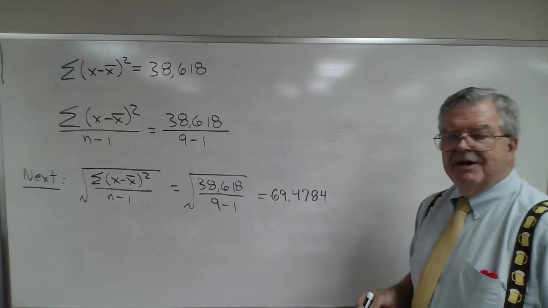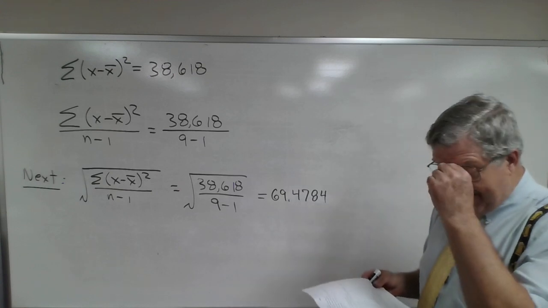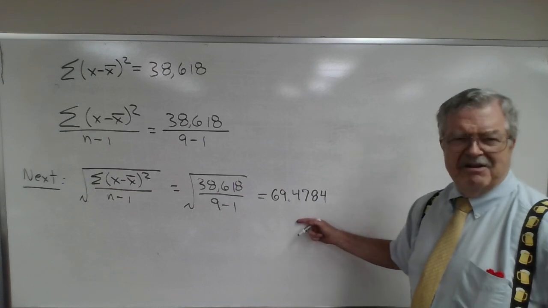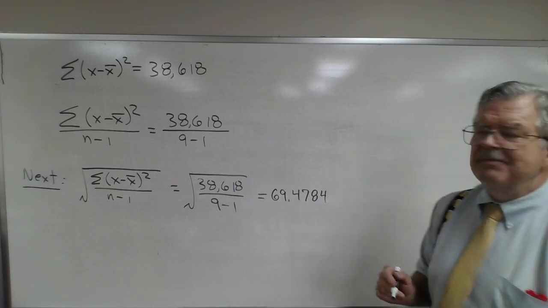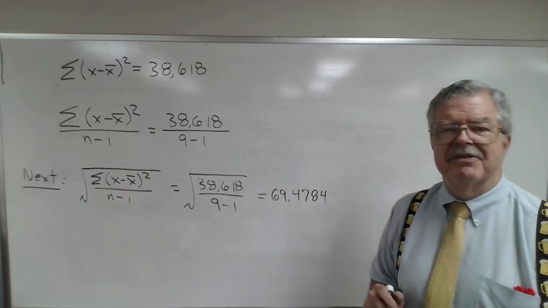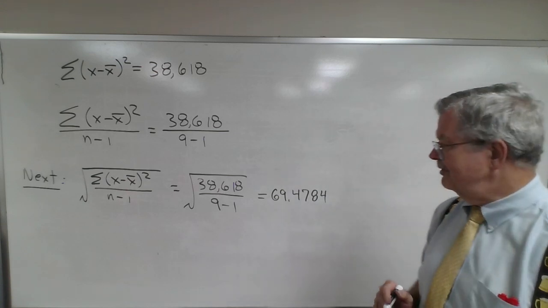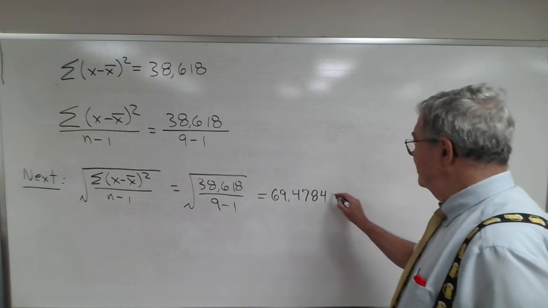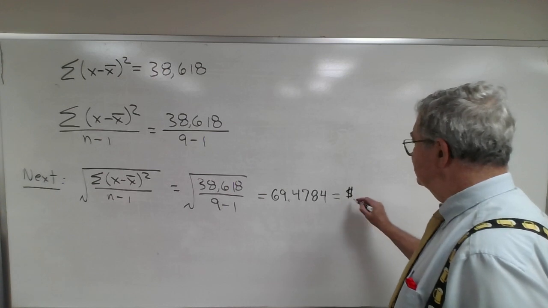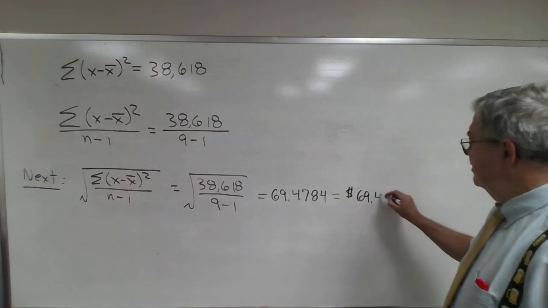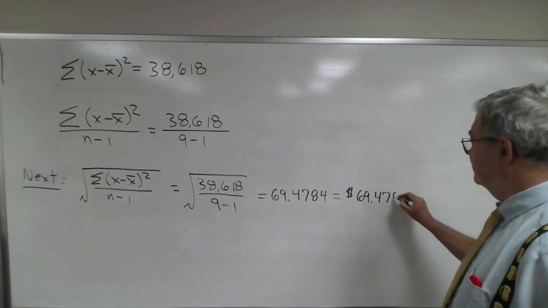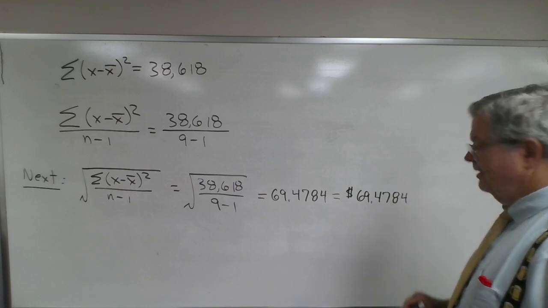And we're almost done, but guess what? Remember, these were dollar values. The data values were dollar values, and I left off the dollar signs because they'd just be a nuisance. What this really is, the standard deviation, is $69.4784.